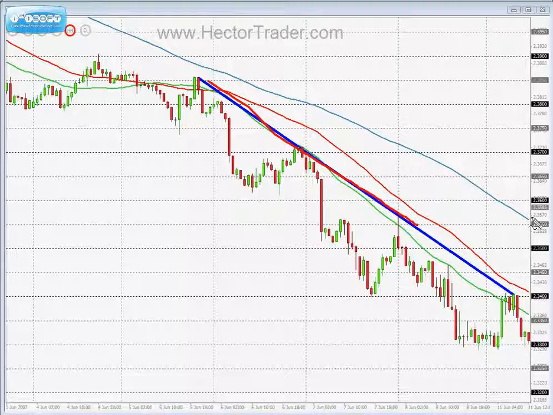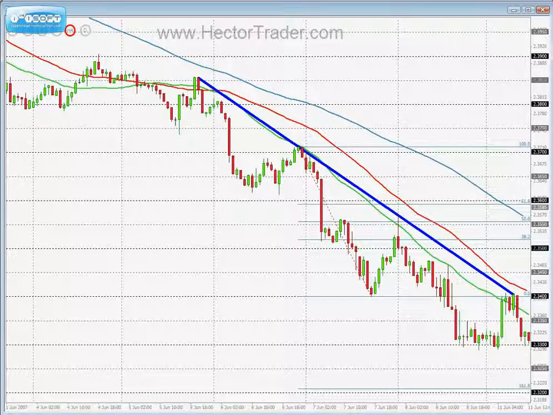We have the 235.50 round number right there. Also, you have the 50% Fibonacci level right there. You don't have a previous swing high because price comes up there, so that's not valid.